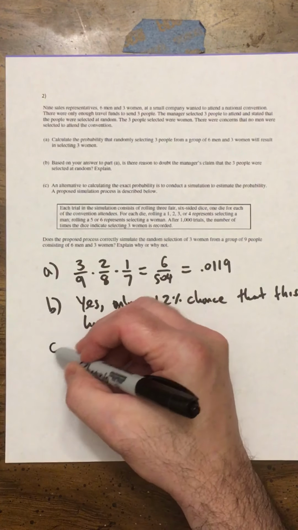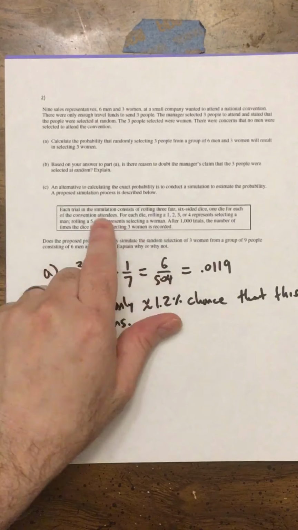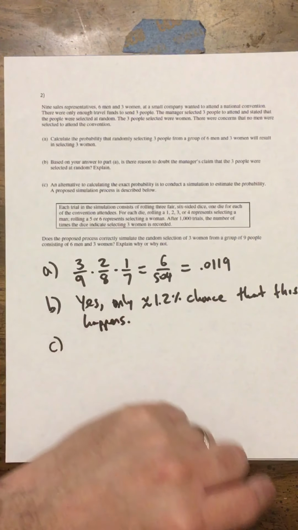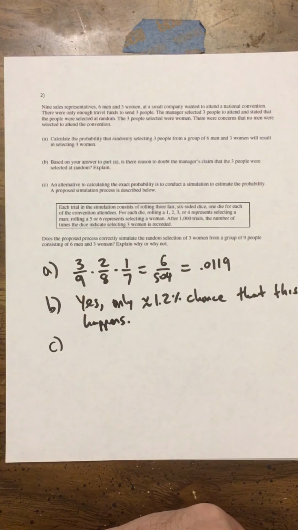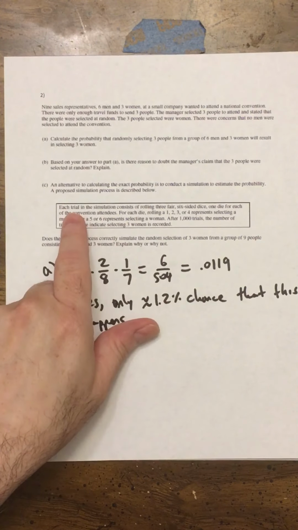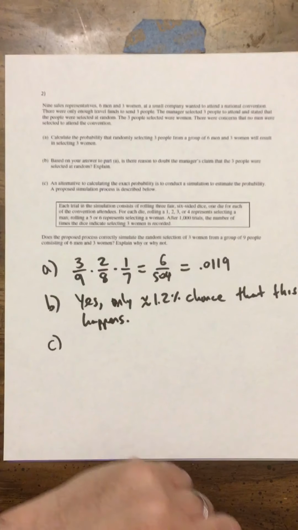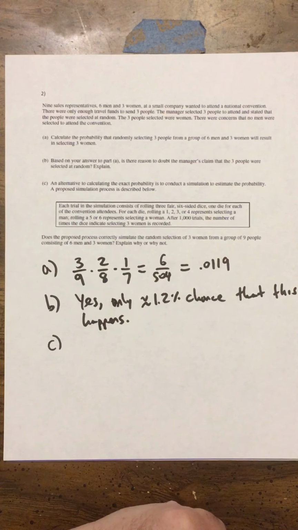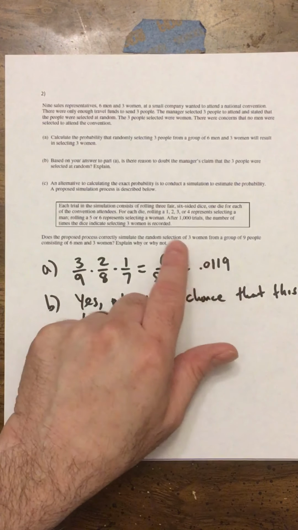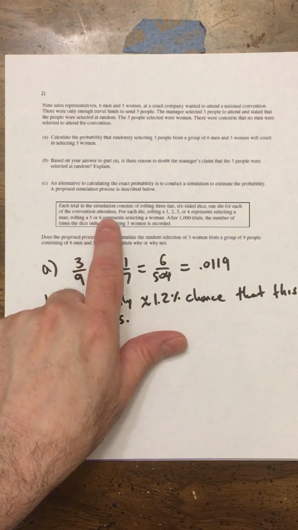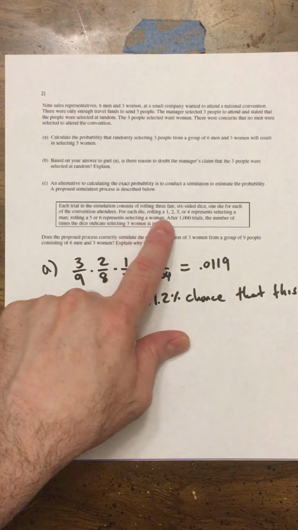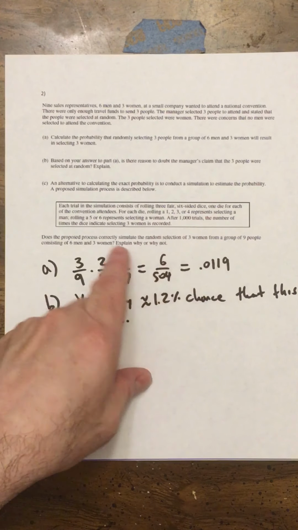Okay, and Part C says an alternative to calculating the exact probability is to conduct a simulation to estimate the probability. A proposed simulation process is described below. Each trial in the simulation consists of rolling 3 fair 6-sided dice, 1 die for each of the convention attendees. For each die, rolling a 1, 2, 3, or 4 represents selecting a man.